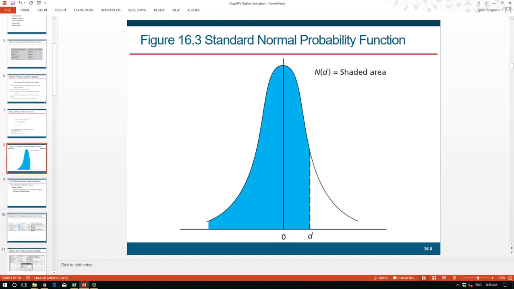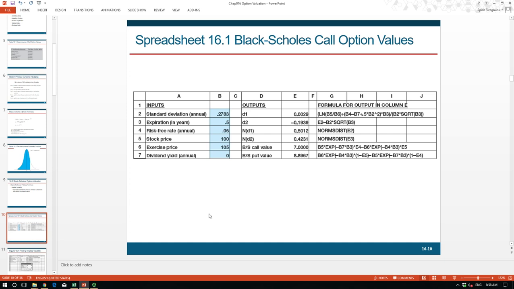So now let's take a look at an example of how we can use this Black-Scholes formula to calculate option price. Here is a spreadsheet, and in columns A and B, you put values for those 5 basic factors: standard deviation, T time to expiration, R risk-free rate, stock price S, and exercise price. That is the input area for option pricing calculation.